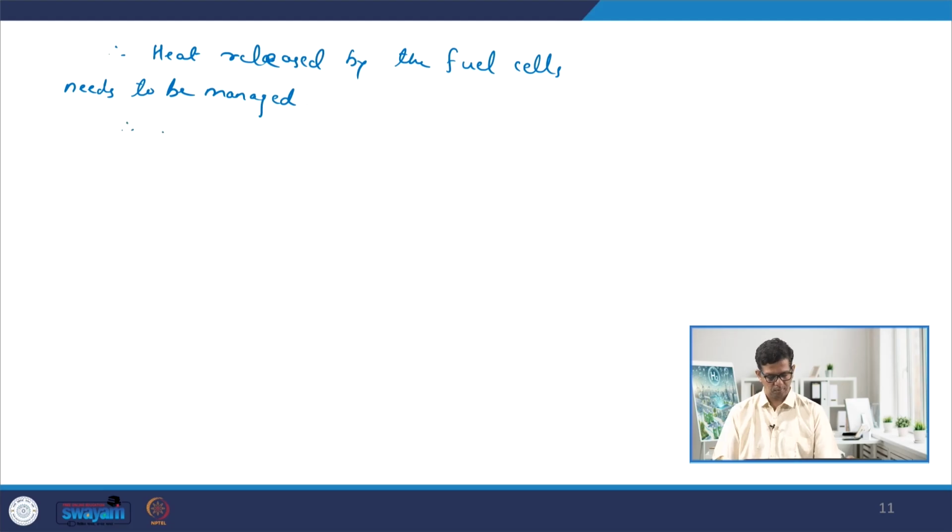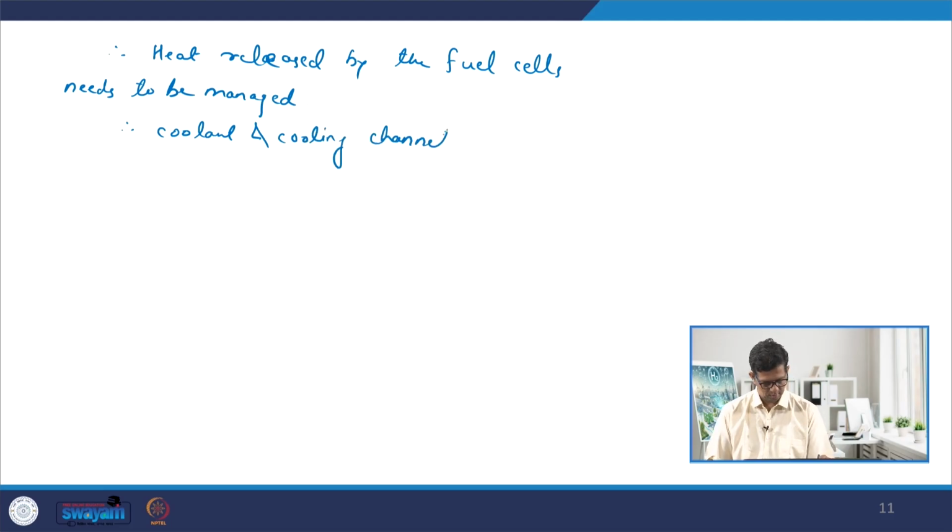Therefore, coolant and cooling channels are employed.